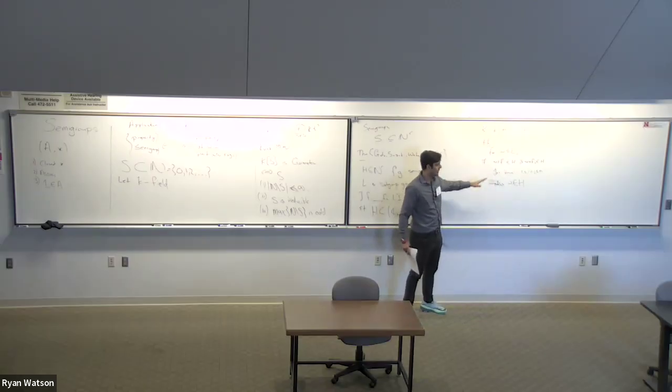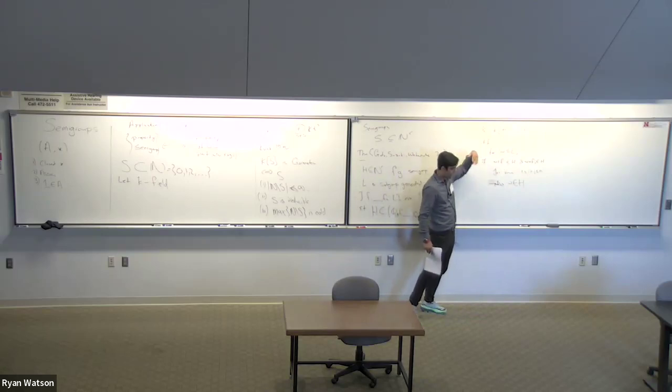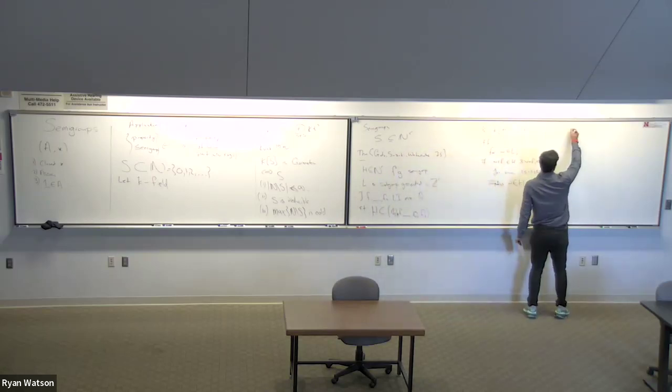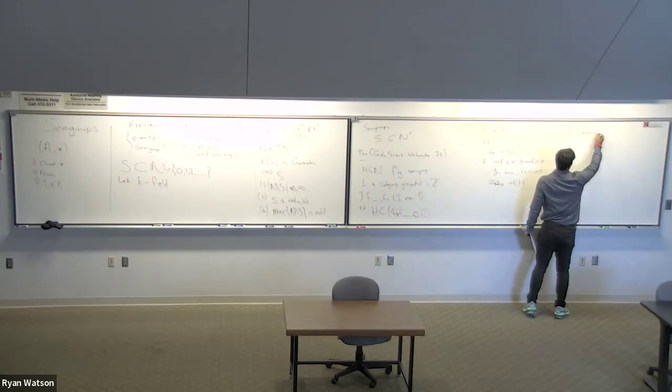If the semigroup satisfies this property, then the ring is Cohen-Macaulay. There's also a characterization for the ring being Gorenstein, an if and only if property.